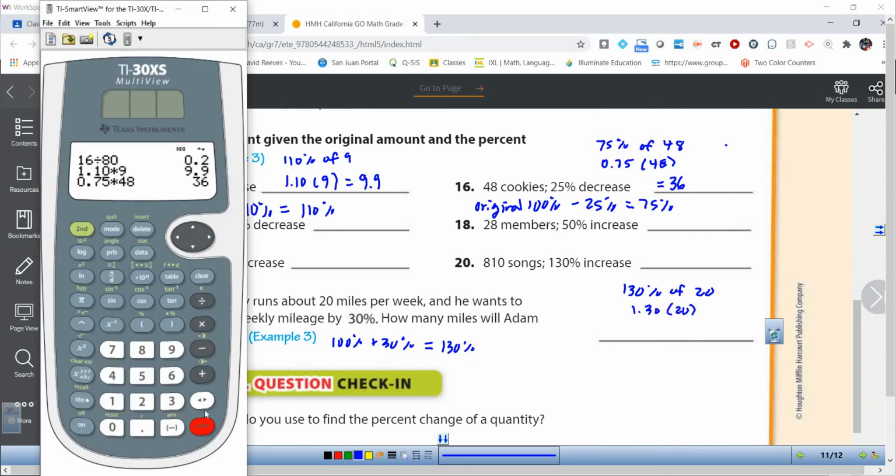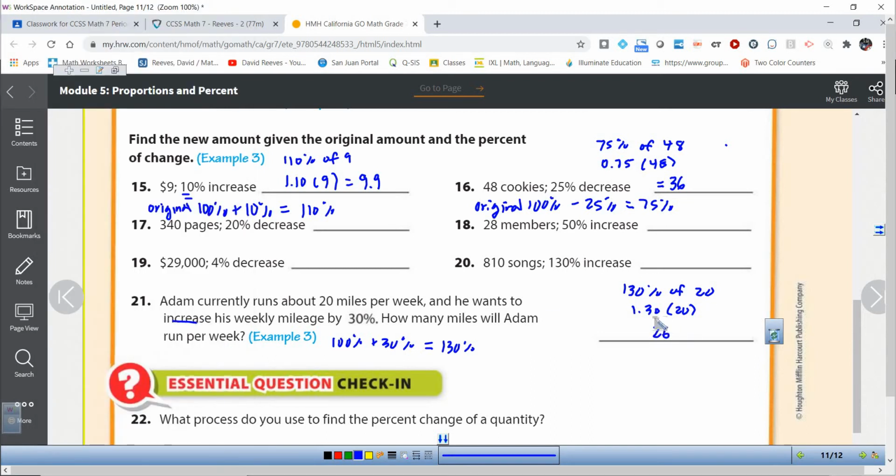I can go to my calculator, 1.30 times 20, and the answer I get is 26. How many miles will he run? 26 miles. He was running 20. We added 30%. 30% of 20 is 6, so this part right here was 20, and then we added 6 for a total of 26.